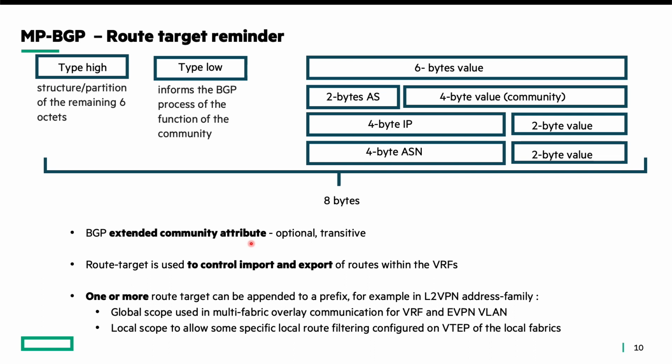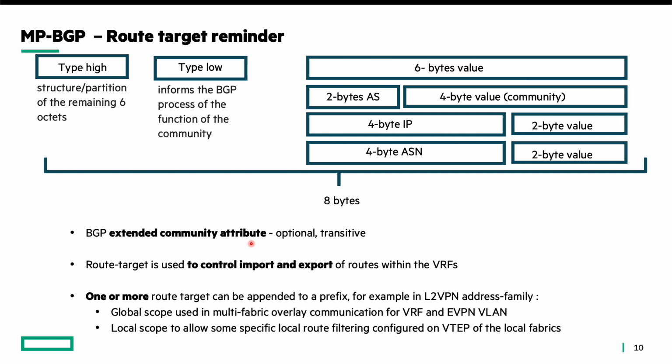This can be the case if you deal with L2 VPN and multi-fabrics, where you need to stretch a VRF into different fabrics. On the borders, you will be able to set this extended community as a tag for this specific VRF. On the other fabrics, the VTEP will be able to recognize that it needs to import this prefix into the VRF routing table.